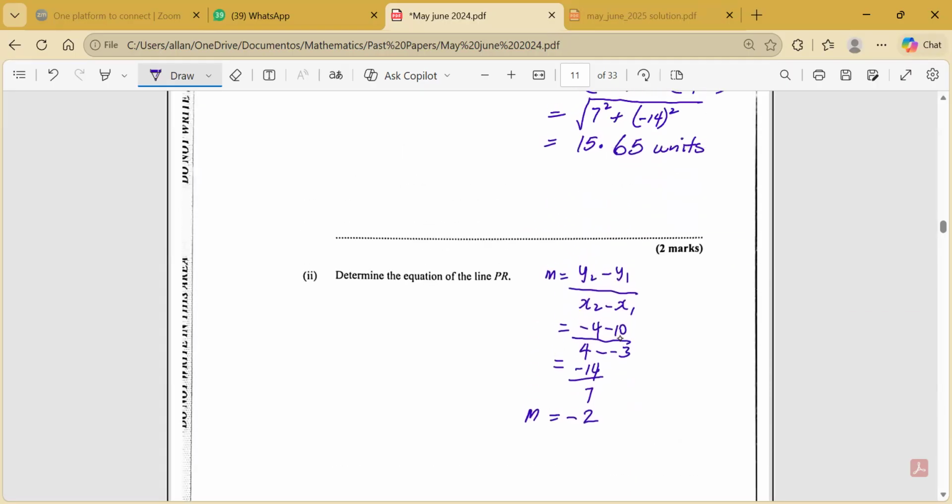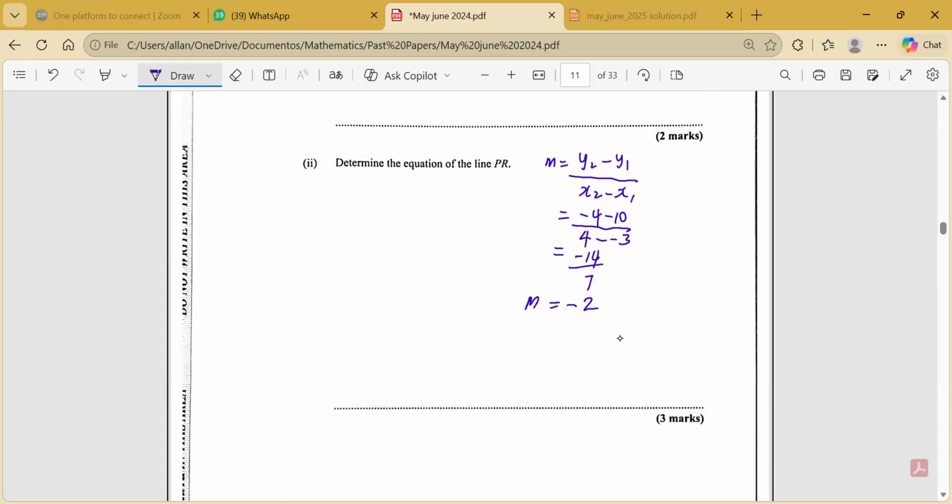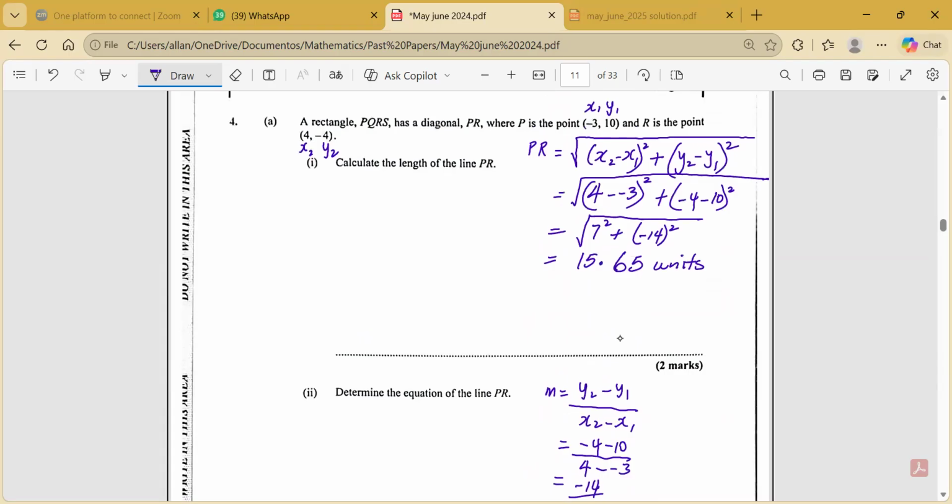Right, so now use that to find the equation. You can use any point. I just use the easiest one, y equals mx plus c. I'm using 4 and negative 4. When m is negative 2 times 4, that is negative 8.